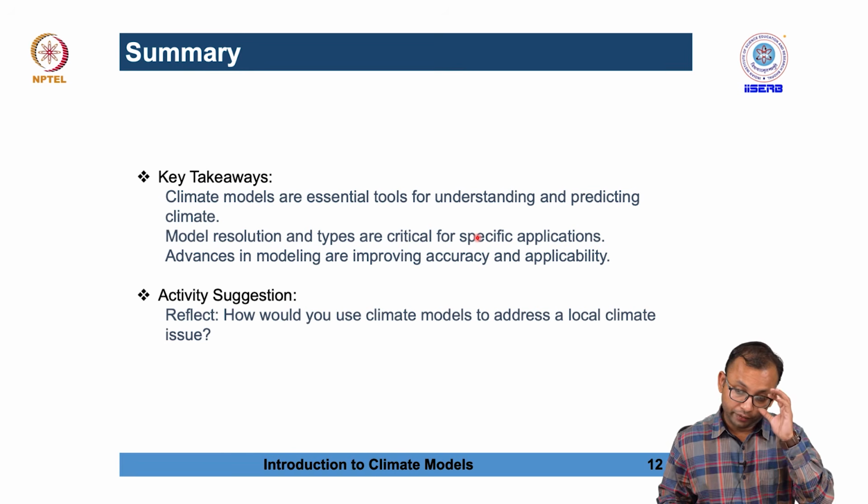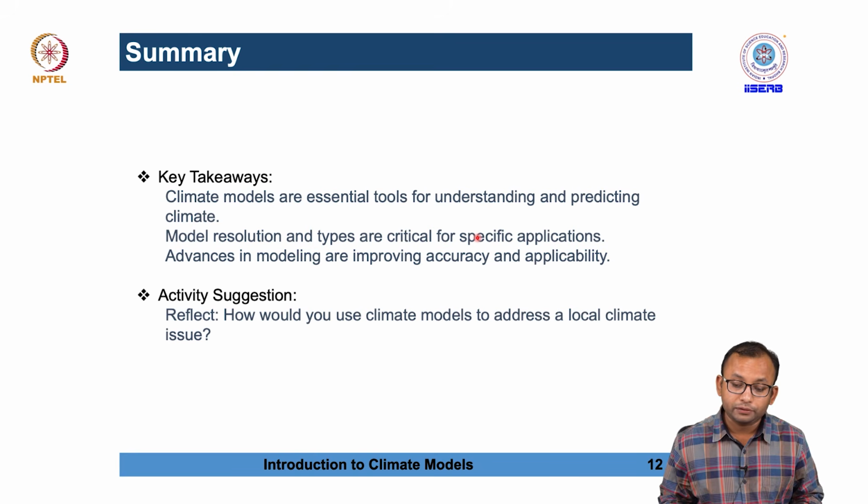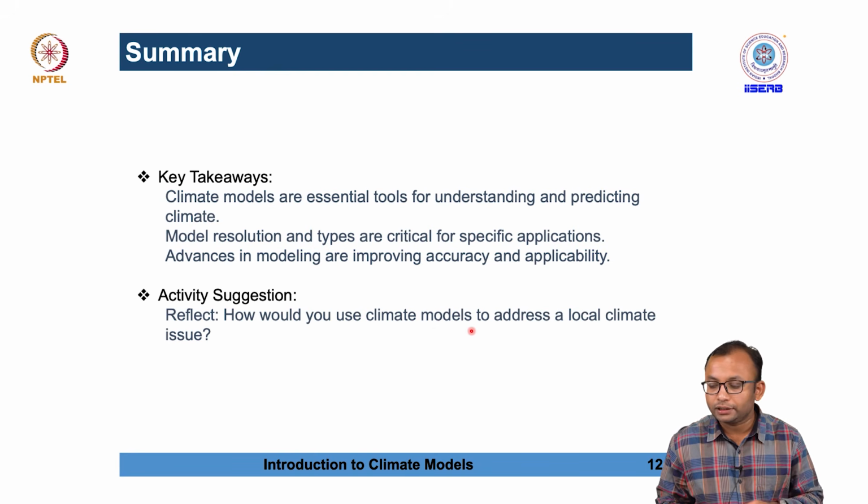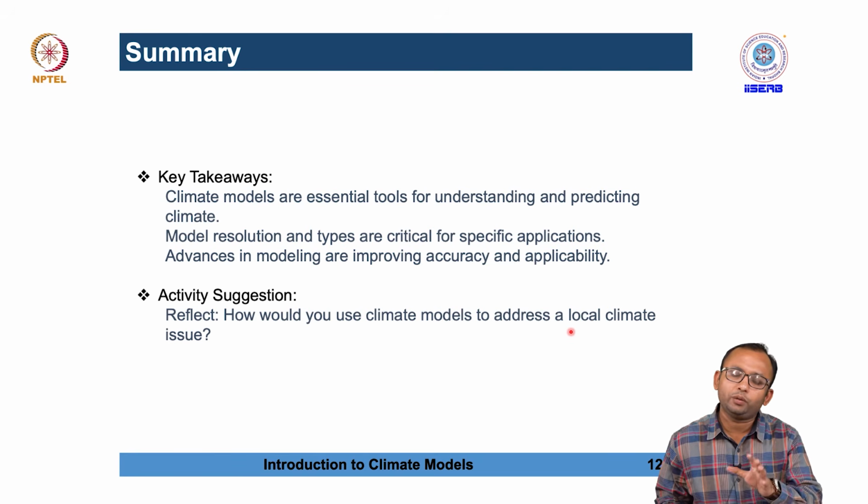In the activity part, I would suggest you use some climate models, or search for them, and look at how they predict the local climate of a region based on different scenarios, and how a particular city or district is likely to change in future conditions.